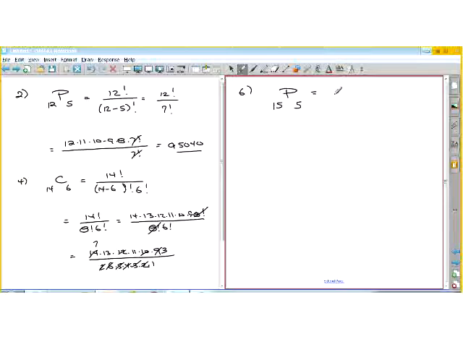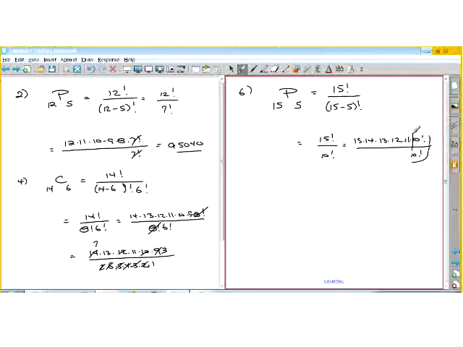So 15 things taken 5 at a time is 15 factorial divided by 15 minus 5 quantity factorial, which is 15 factorial divided by 10 factorial, since 15 minus 5 is 10. Then we can write out the numerator till we get to 10, and then write it as 10 factorial.